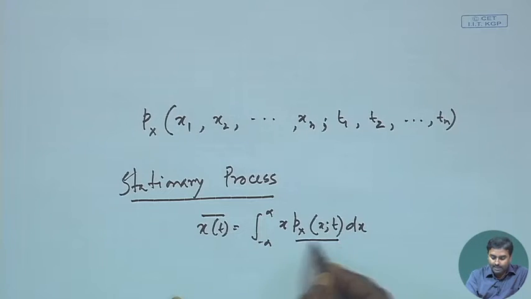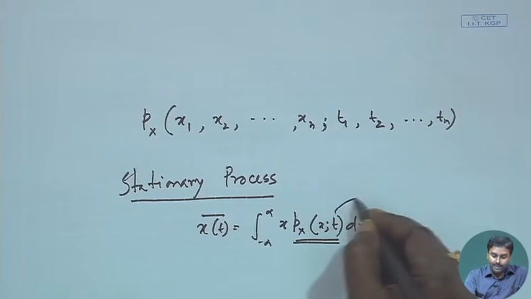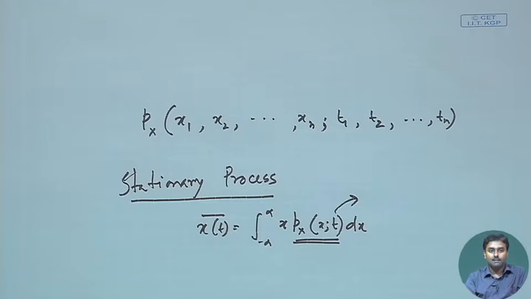Now, if this PDF is the same irrespective of any time t, that means at any time you sample, I have talked about that noise signal, I have told that the PDF at every sample instance gives me a similar PDF. That was the first insight of a stationary process, that this is what happens generally in most of the signals that we study.